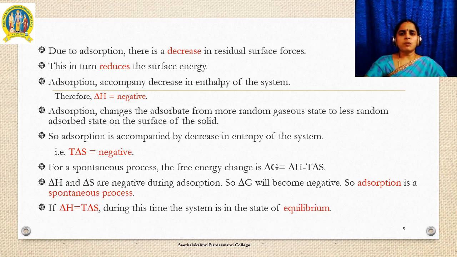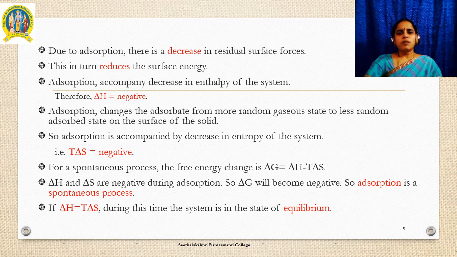In the case of adsorption, delta H and T delta S on the right hand side of this equation are negative, and delta H has a very high negative value. This confirms that delta H minus T delta S will give us a negative value. Thus adsorption is a spontaneous process.